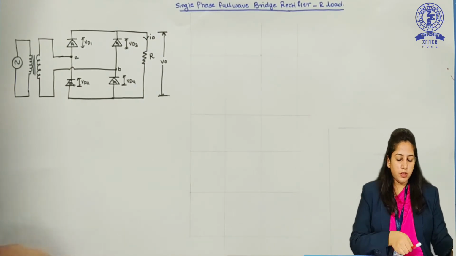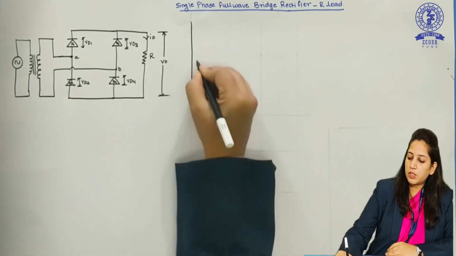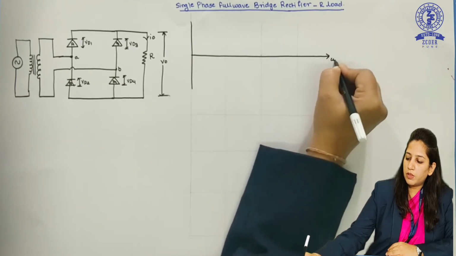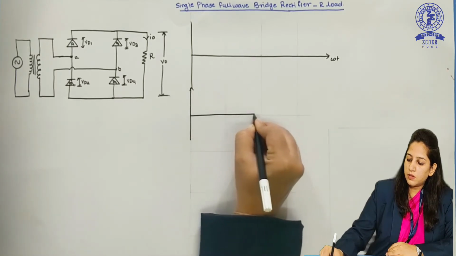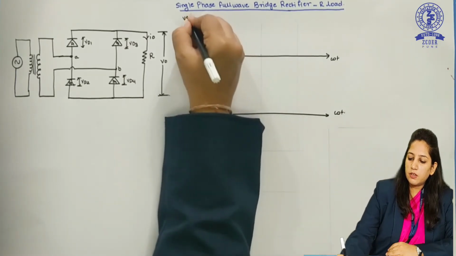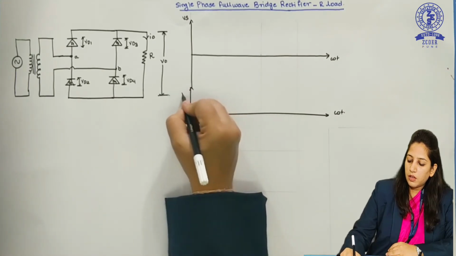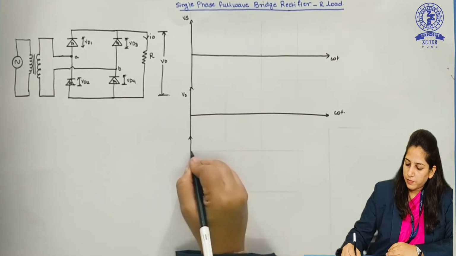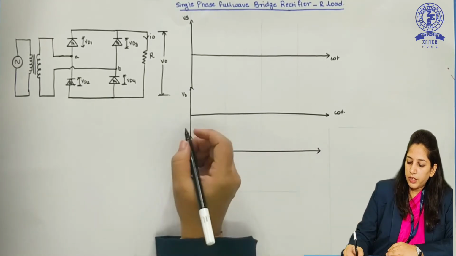Now we will observe some output waveforms also. First of all, I will draw some projections for it. So it will be with respect to omega t. Now first of all here I will see the input sine wave which I will be applying, then output voltage, now we will see voltage of diode.